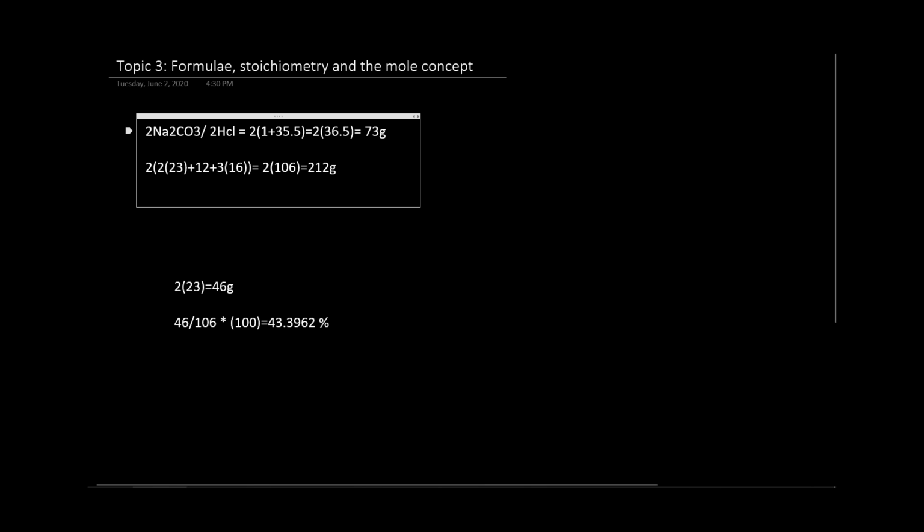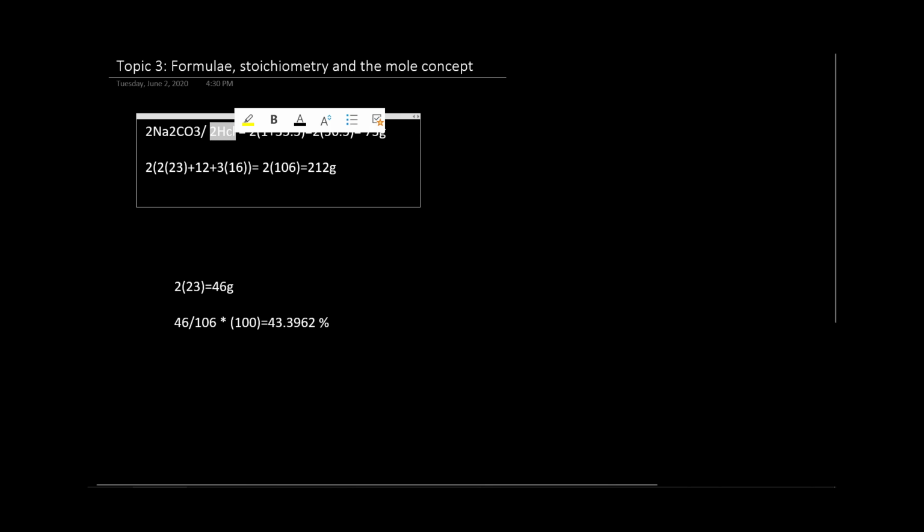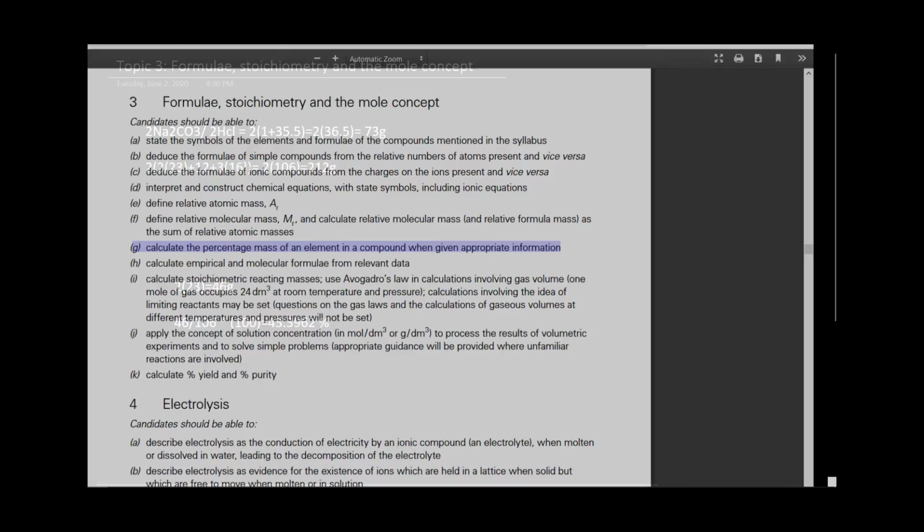So the relative molecular mass in this case, since this is a covalent molecule, of 2 moles of hydrogen chloride is 73 gram. I'm repeating that again. The relative molecular mass of 2 moles of HCl is 73 gram. I hope that's clear.